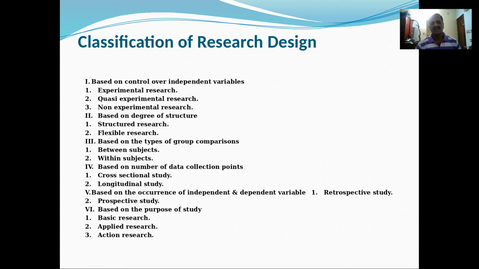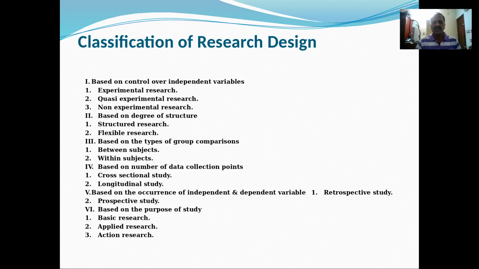What is a research design, what are the different factors we have to remember for selecting a good design, what is a good design, how it looks like, and what are the characteristics of a good design, and intervention, that is the single most factor which determines the selection of a design. So these are the important points we have discussed in the previous classes.